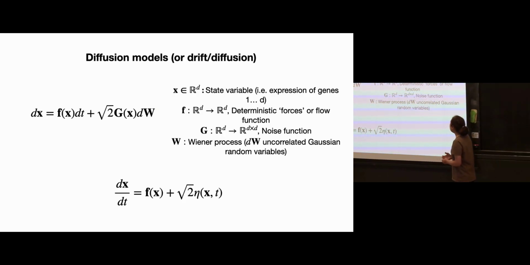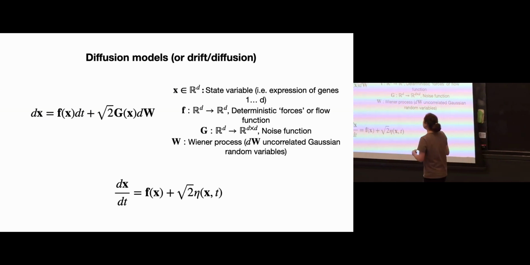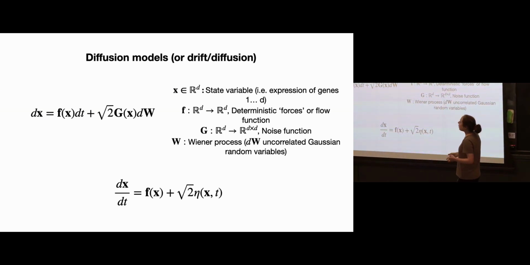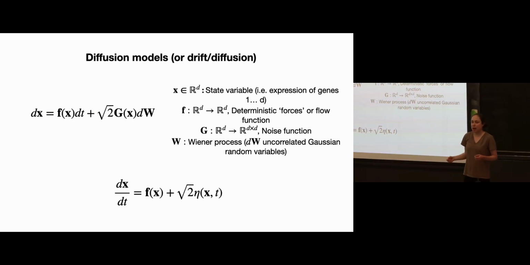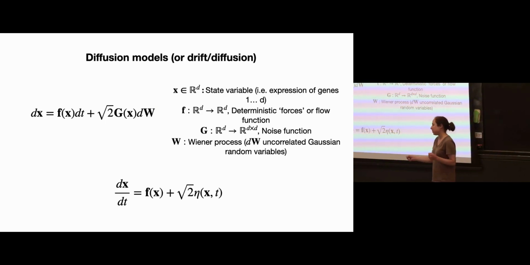And then F is some nonlinear function that we are going to want to learn, which represents these deterministic forces or flow that tell you how different genes influence one another, right? It takes in the entire set of gene expression values, so any one gene can push up or down any other gene at any point in the phase space.